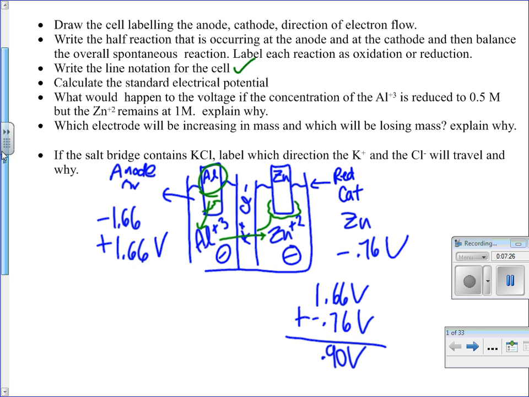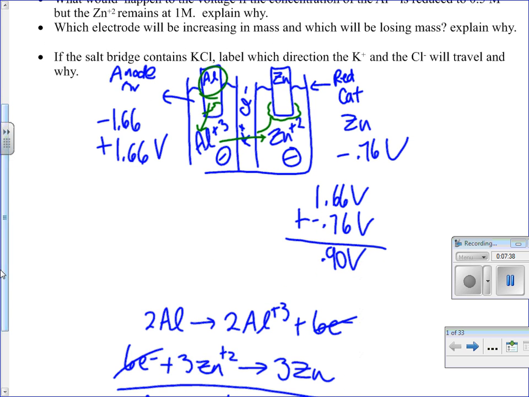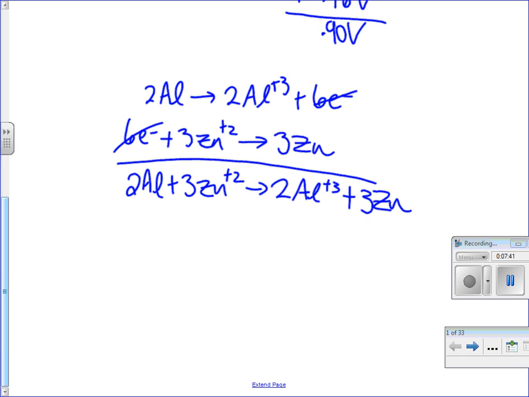So now I have my electrical potential. But then it says, what would happen to the voltage if the concentration of aluminum is reduced to 0.5? So if I go back to that balanced equation that we had down here, and I reduce this to 0.5 molar, leaving my standard for the zinc. The deal is that reactions will actually shift to replace whatever you remove, or if you add extra, to use it up.